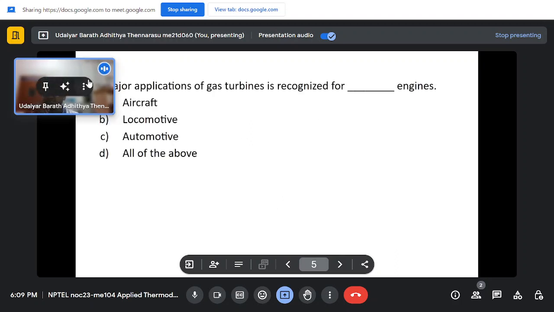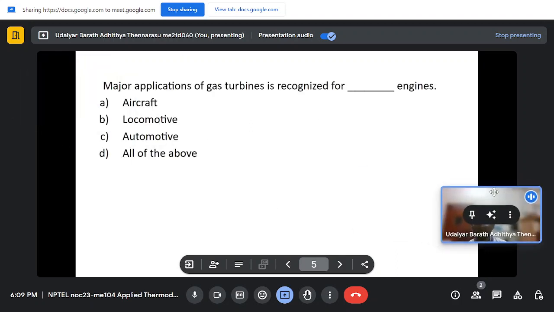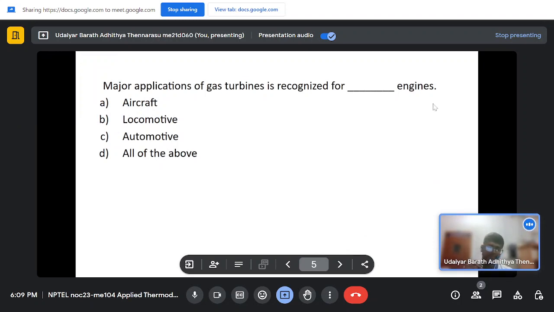Now we'll see some numericals and MCQs on the Brayton cycle. Starting with: what is a major application of gas turbines? Which type of engine prefers the gas turbine cycle? A, aircraft; B, locomotive; C, automotive; D, all of the above.